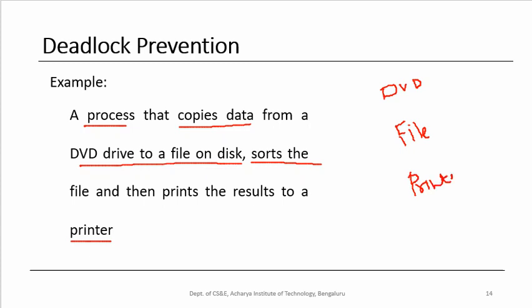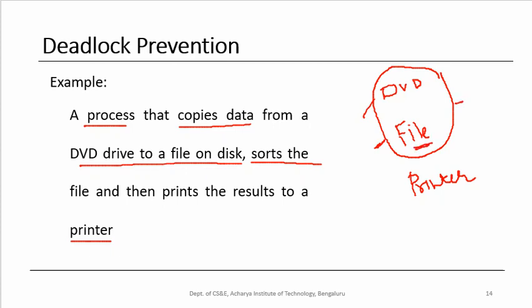So according to our first protocol, which says that a process cannot hold a resource and make a request for another resource, if you apply that protocol here, the process could make a request for the DVD drive and file. It can read the data from the DVD drive, write it onto the file, and then sort it.